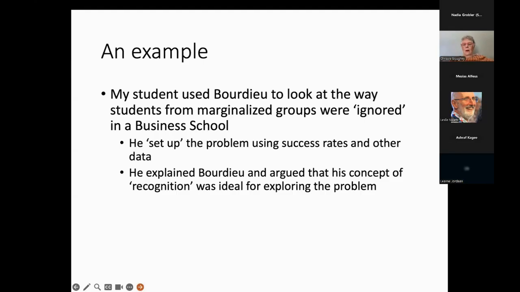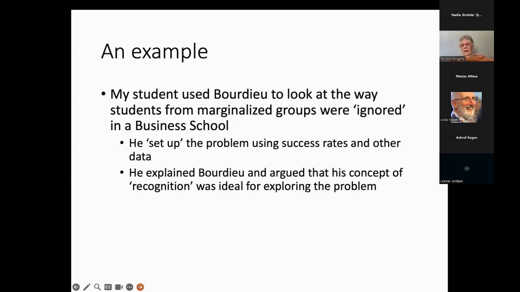And he set up the problem using success rates and other quantitative data. So he's saying, look, black students aren't doing as well as the white students. So, there's got to be a reason behind this. And it's not the usual reason of saying, oh, they're underprepared or whatever, anything like that.